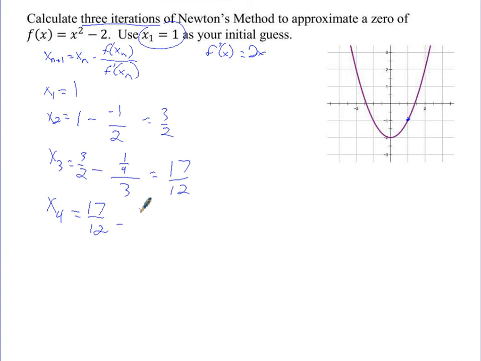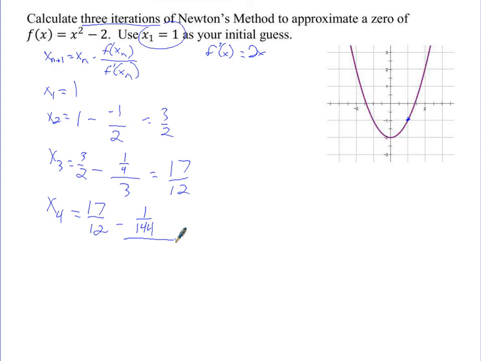So 289 over 144, minus 2. Well, think about it. There you go, 1 over 144. You just did that on a calculator, right? Yeah, and then I realized what it was. Yeah, 144 would be the common denominator for this 2 right here. So you just double that and you get 288 over 144. 289 minus 288 is 1 over 144.